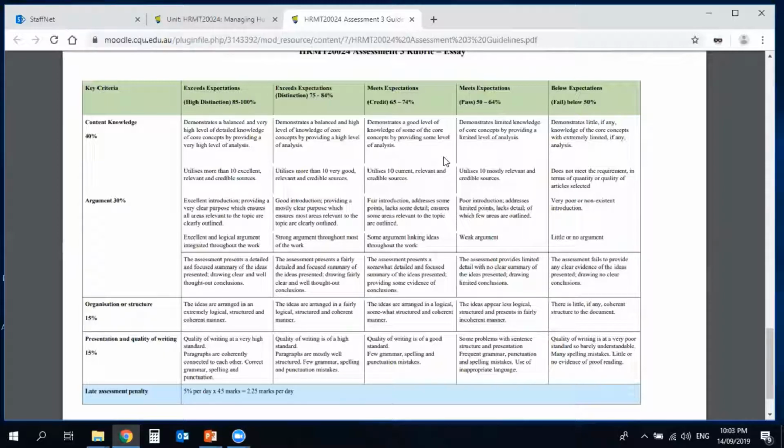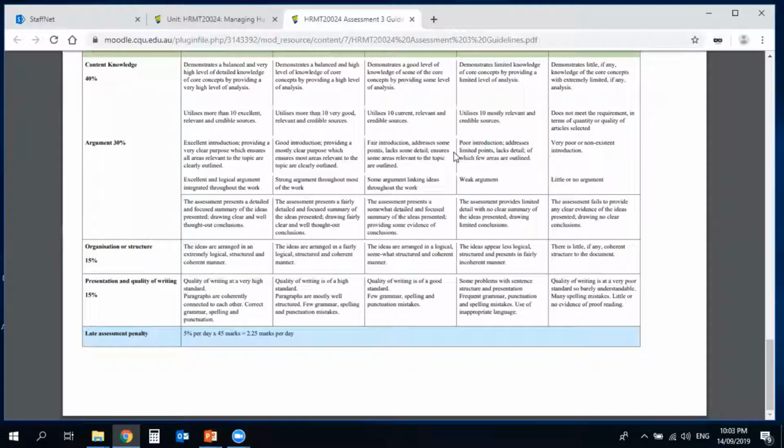So organization and structure of the report is important for us, and the quality of writing is important for us: how good you are with your communication skills when it comes to writing, and that will also show where things are given with references or lacking referencing.